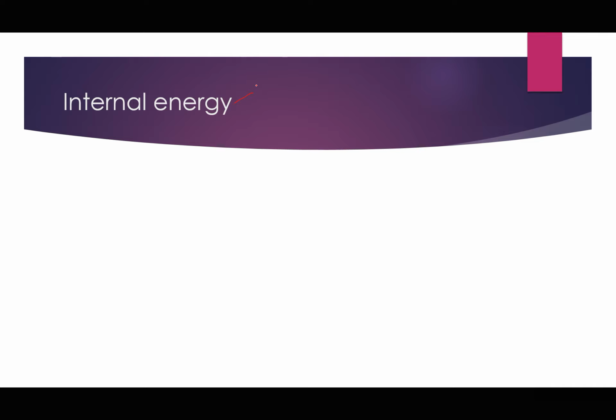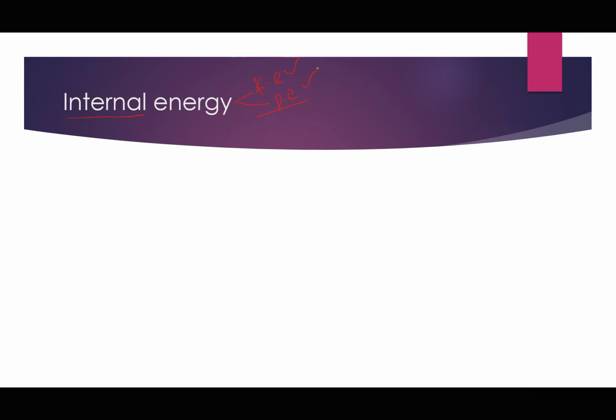Because a system is either a solid, a liquid, or a gas, and this system is made up of either atoms or molecules. These atoms could have both kinetic energy and potential energy. So somehow the internal energy of a system is related to these two things: the kinetic energy of the molecules which make up the system and the potential energy of the molecules that make up the system.